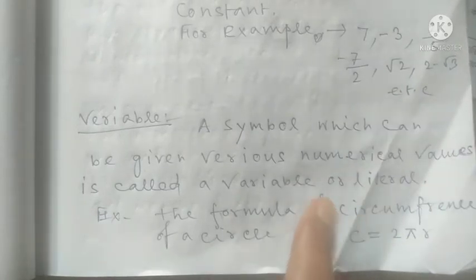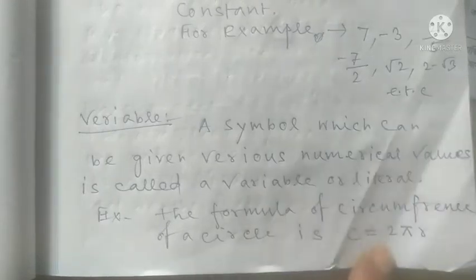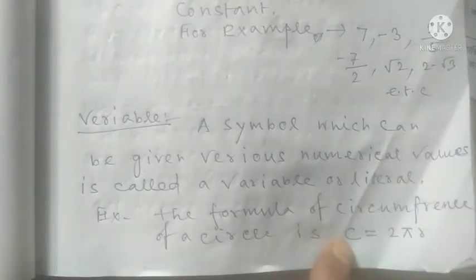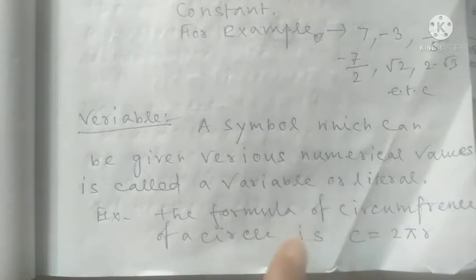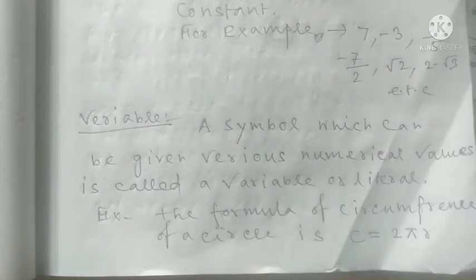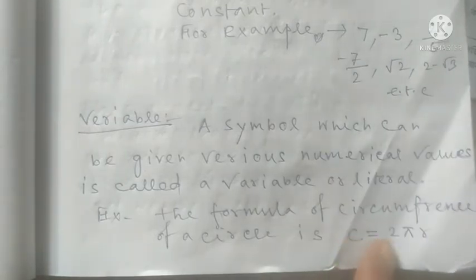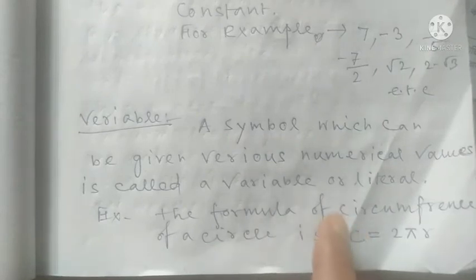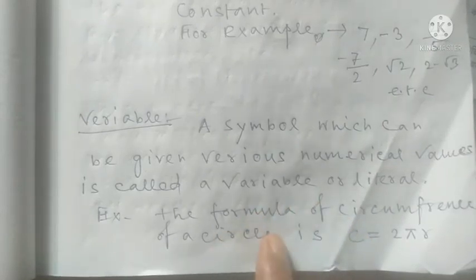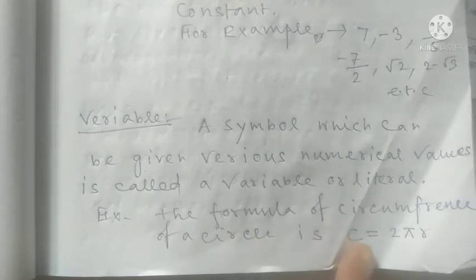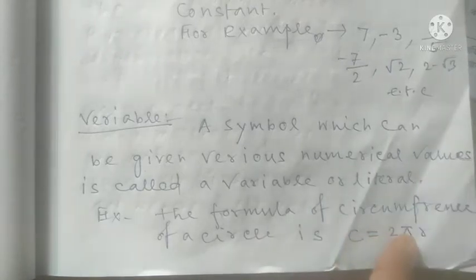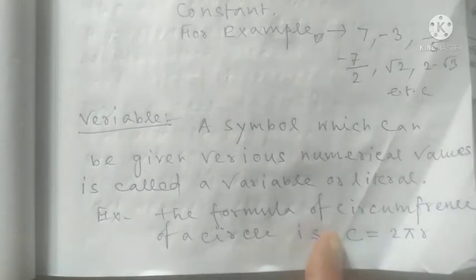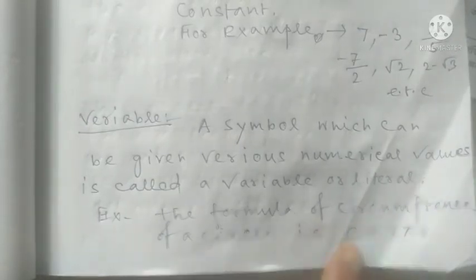So a variable means a symbol which can be given various numerical values. C depends on the circle; C is not the same for all circles. It depends on the radius. Suppose when you calculate the circumference of a circle, the first circle has a radius of 2 centimeters and the second circle has a radius of 3 centimeters. Then C will also be different, because different radii give different circumferences. So these are various numerical values.